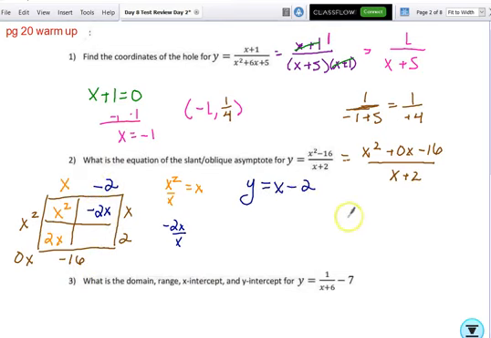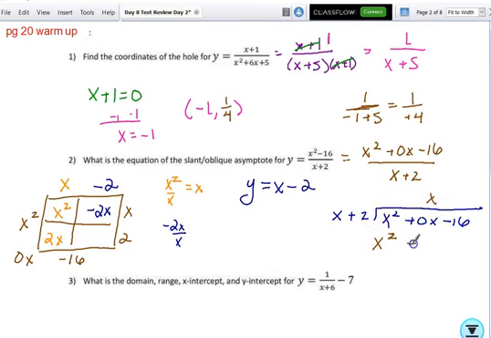If you are long division, here's how you're going to do it. X squared divided by x, same starting process, that's x. Multiply it back, x times x, x squared.